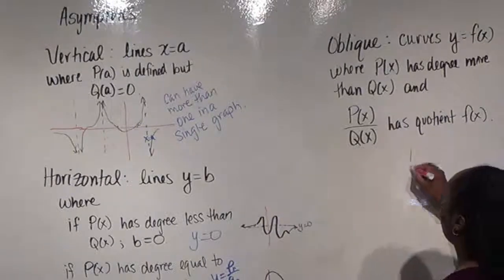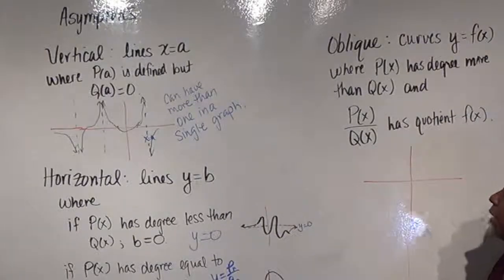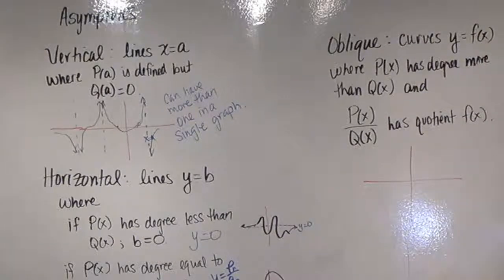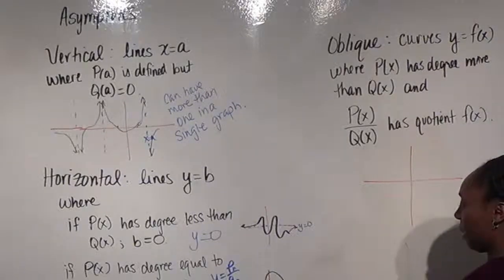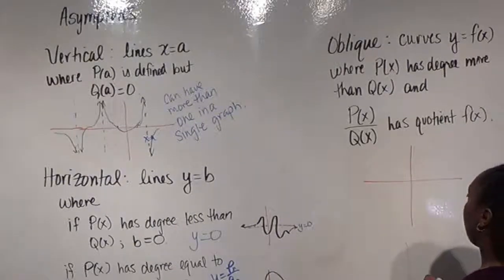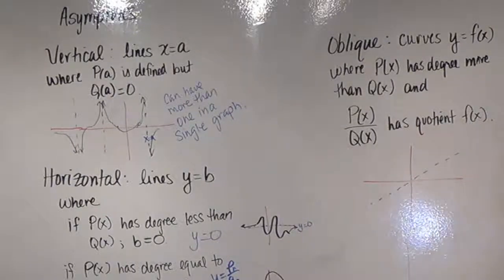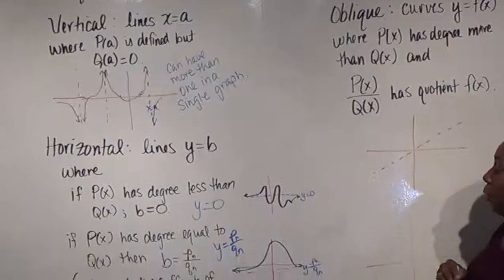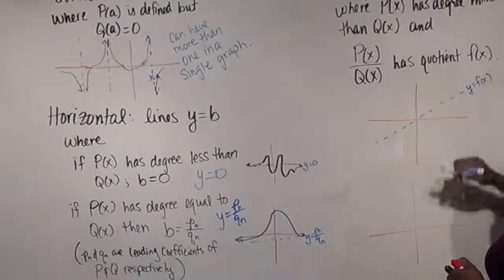Okay? And so there are a couple different things that you could see here. Our curve could be a linear equation. So instead of just having a horizontal line, maybe we get something that slants. Okay? So this would be a y equals f of x.